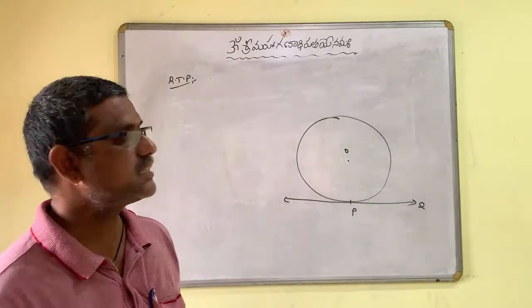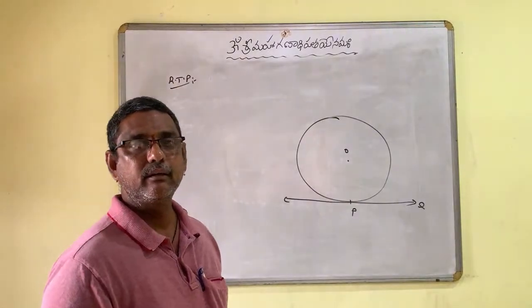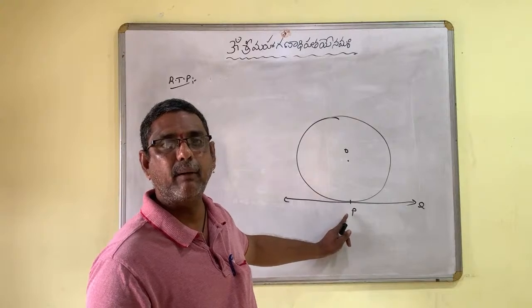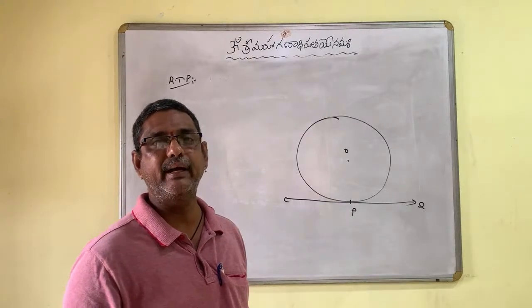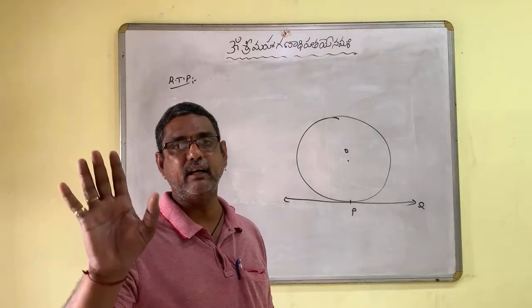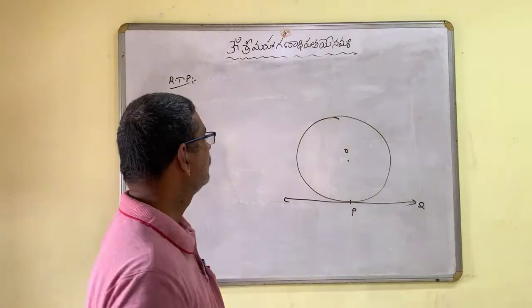Now what is he asking? The perpendicular drawn at the point of contact passes through the center. Prove that it passes through the center. So what we will do?